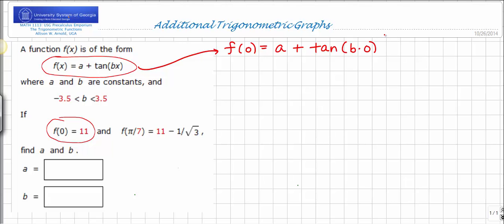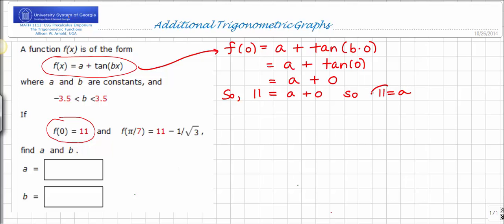Now our previous knowledge tells us that tangent of b times 0 is tangent of 0, and tangent of 0 is simply the number 0. So we're saying that basically the number 11 is equal to a plus 0. So in this case, a is 11.